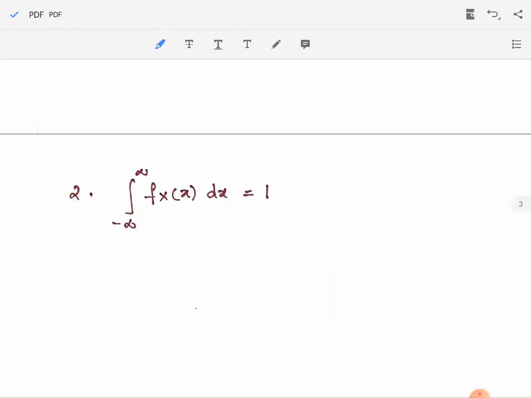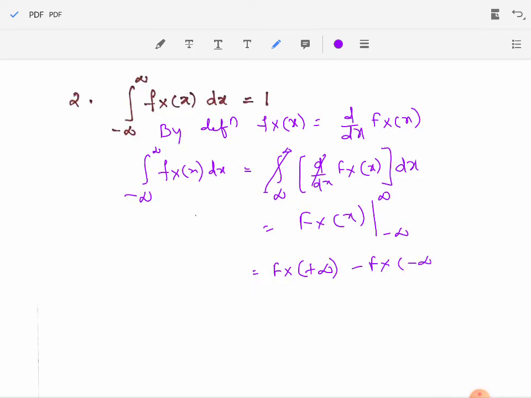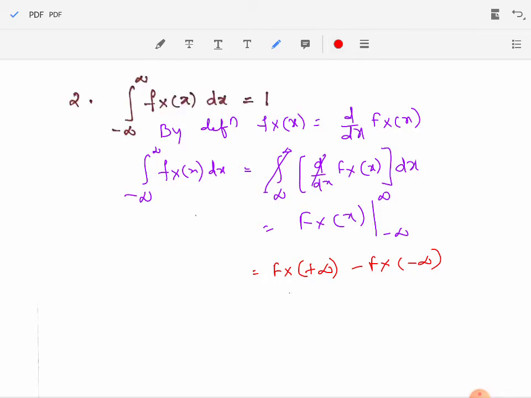Now this we can write as F_X(plus infinity) minus F_X(minus infinity). We already know from the properties of the CDF that F_X(plus infinity) is equal to 1, and F_X(minus infinity) is equal to 0.